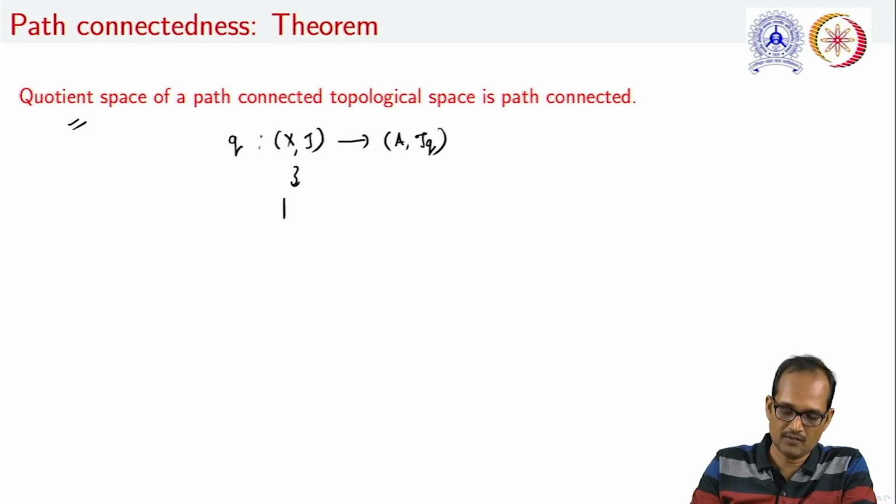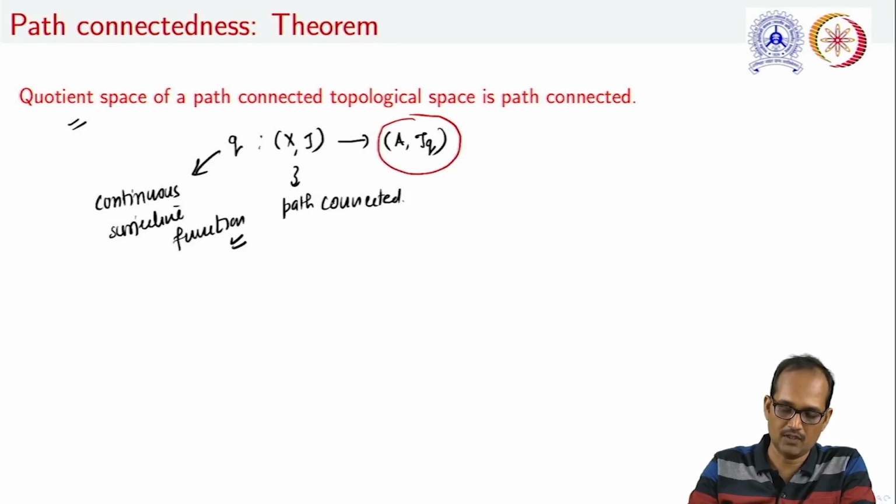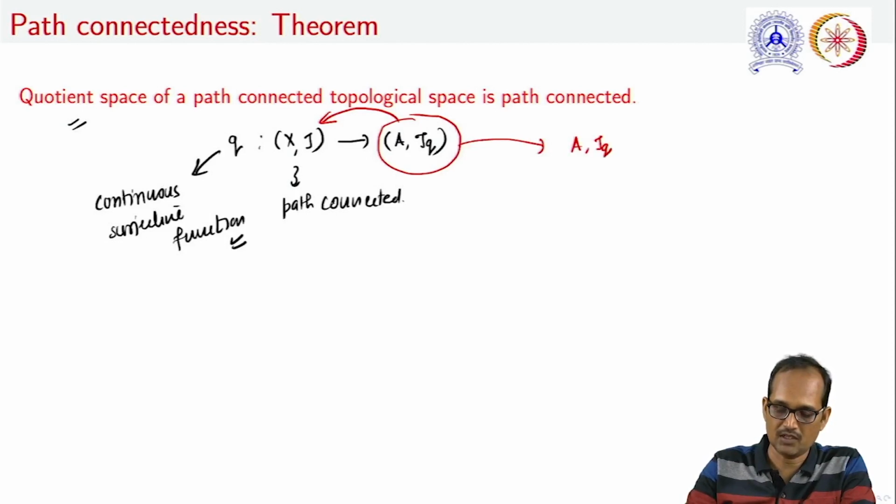If this space is path connected, we know that this Q is a continuous surjective function, and therefore by using the previous result, we can say that this space is nothing but a continuous image of this path connected topological space, and therefore this space, that is (A, τ_Q), is path connected.